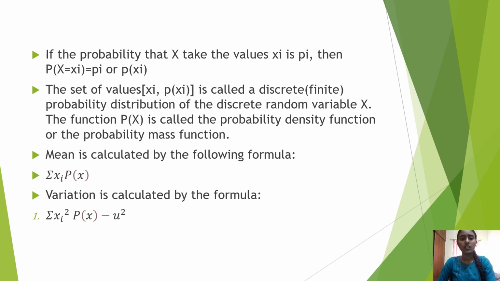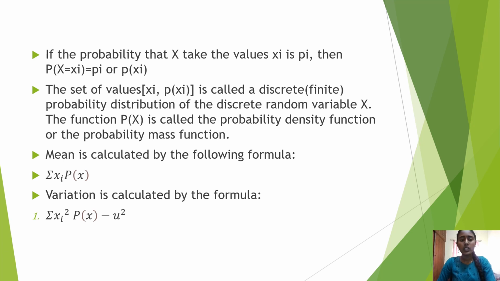The probability that x takes the value xi is pi, so p of x equals xi is equal to pi, or p of xi. The set of values xi, p of xi is called a discrete or finite probability distribution of the discrete random variable x. Here, the function p of x is called the probability density function or the probability mass function.